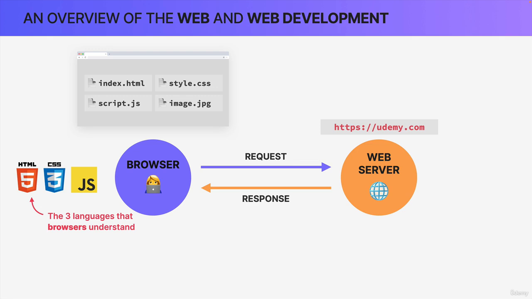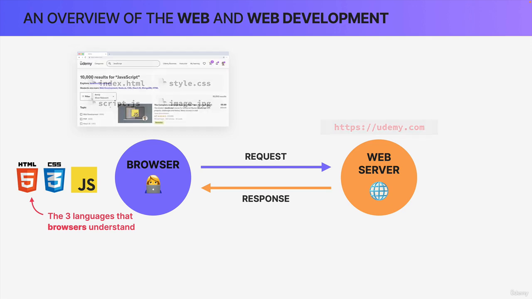Well, it means that once the browser receives these HTML, CSS, and JavaScript files from the server's response, it will take the code and render the website based on that code. So browsers are able to produce a visual output based on the code that we write as developers, which is pretty cool. And with this, you already have a good understanding of what happens when we browse to a website and also about the technologies that we use to build websites.